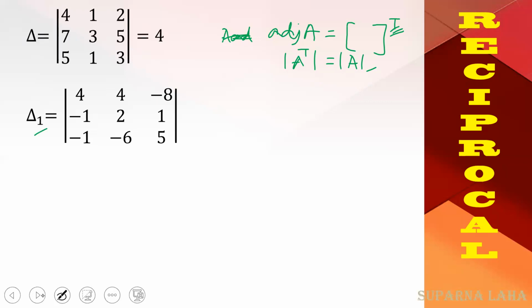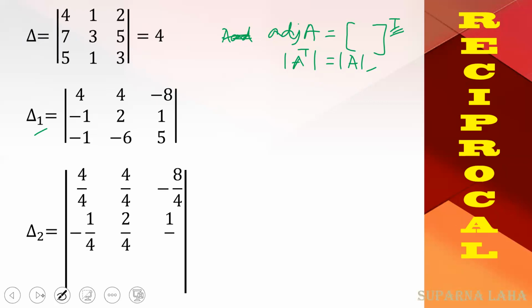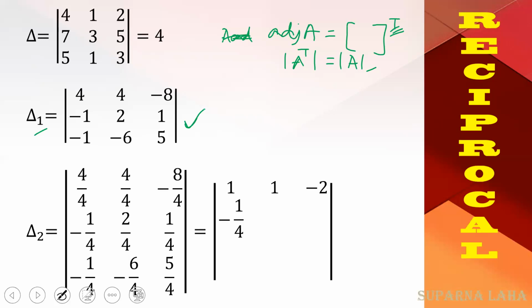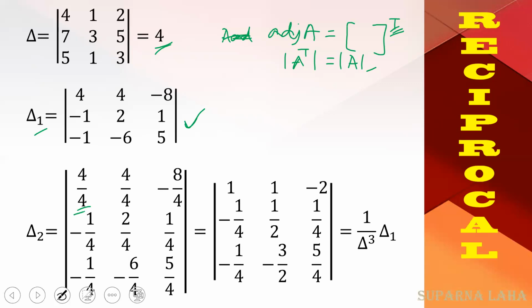Then its reciprocal, delta 2, is given by dividing each and every element of this adjoint determinant by this determinant value, that is by 4. So if you take 1 by 4 common from each row, you can write this determinant in this form, taking 1 by 4 from the first row, second row, and third row.